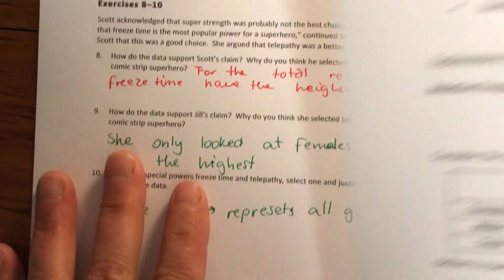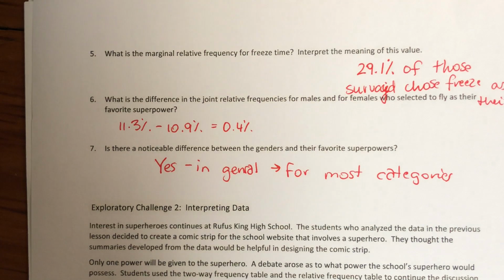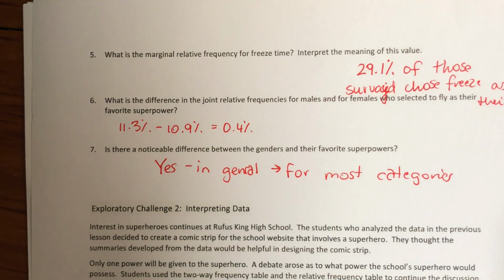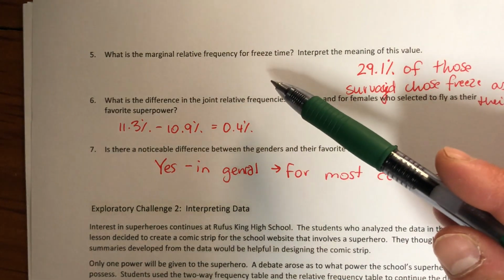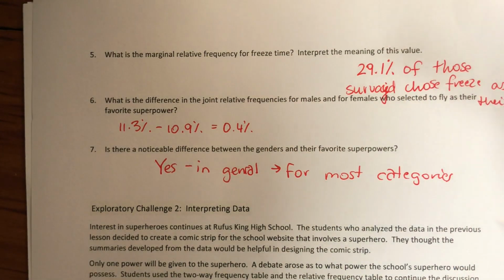All right, if I go to the next page, we'll have to go back and forth, going back to our table. So what is the marginal relative frequency for freeze time? Well, I wrote my answer, but if we look at the table, look at the relative frequency for freeze time, that is 29.1, so that's that total.